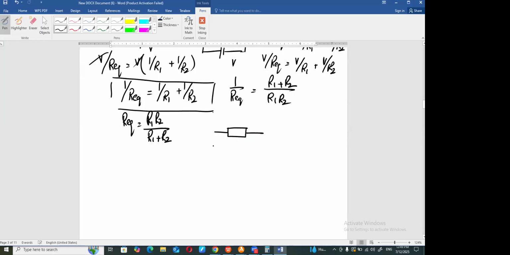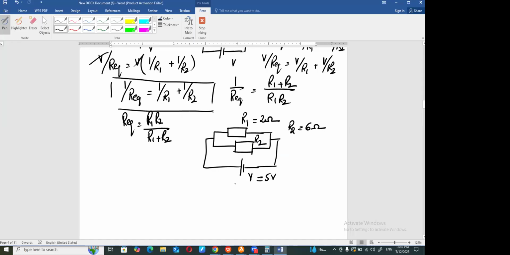These are the two resistances. This is R1. This is R2. This is V, 5 volts. R1 is 2 ohms. R2 is 6 ohms.